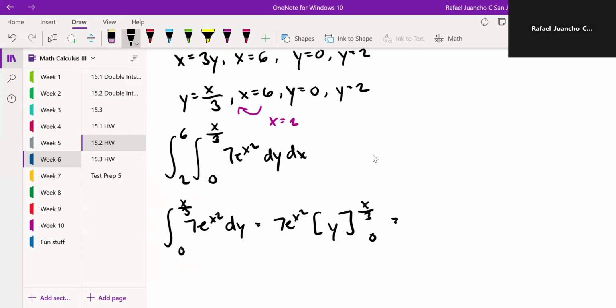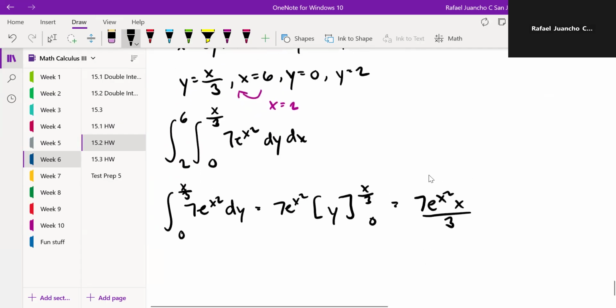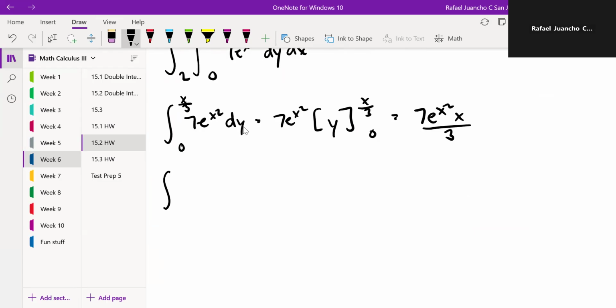So here I get 7x squared times x over 3. And this is why I integrate with x here.